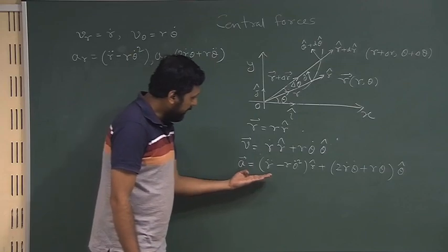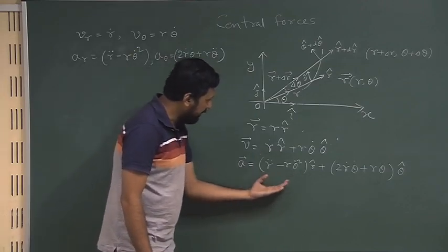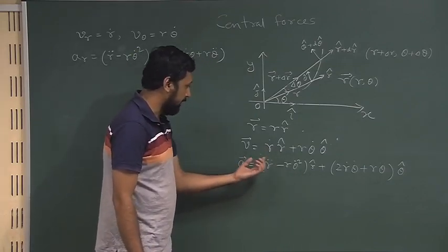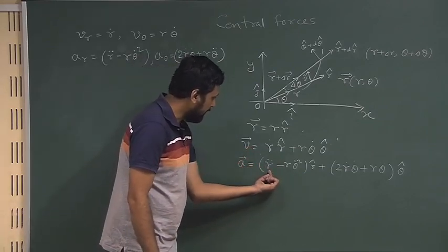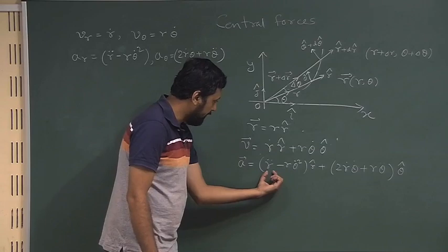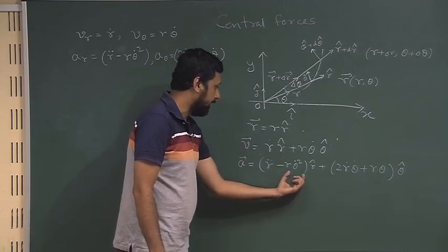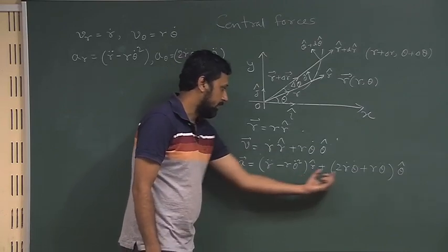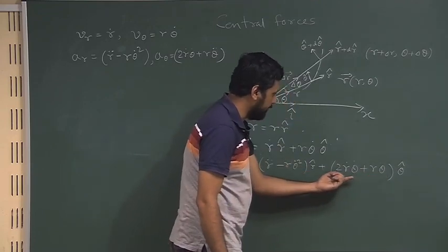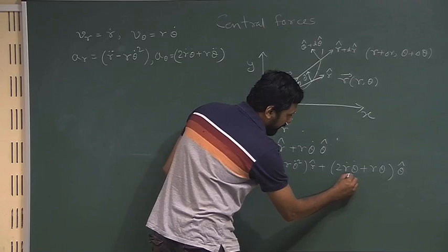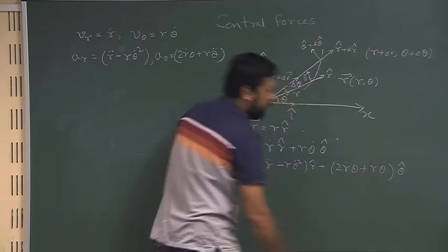Similarly, for the same motion r double dot is 0, but we still have a radial component of acceleration, and the angular component of acceleration is always there, because this term will be equal to 0 and this term will be non-zero.